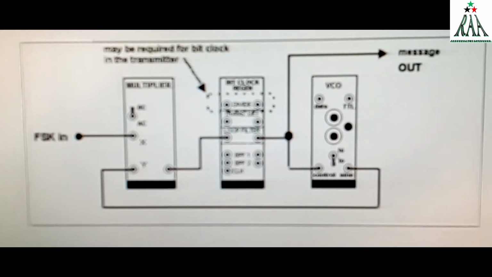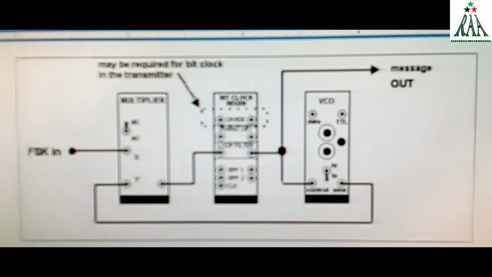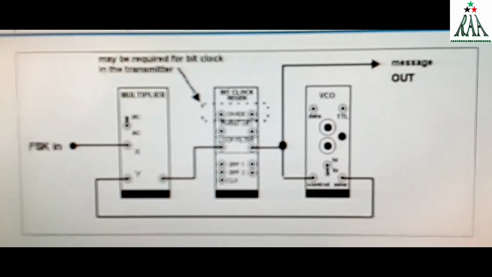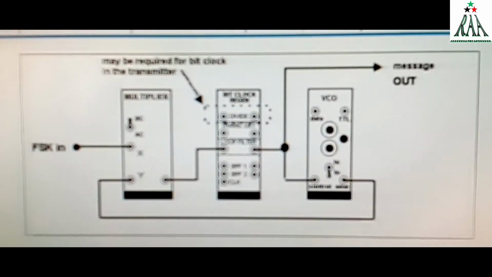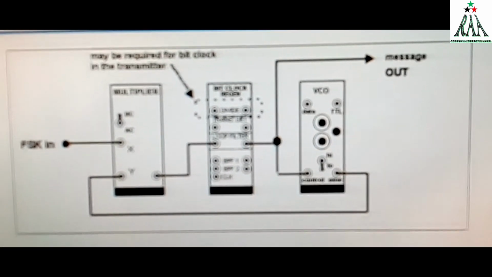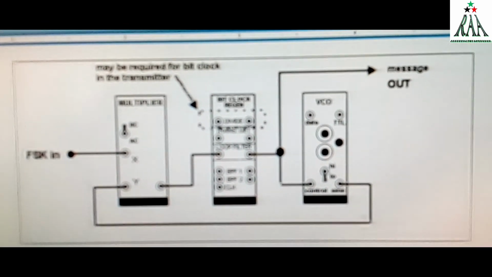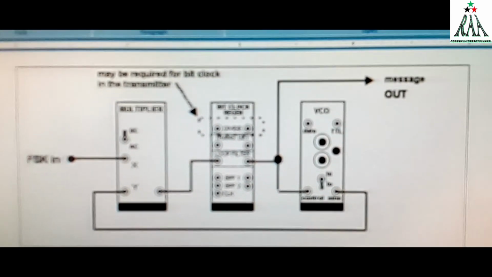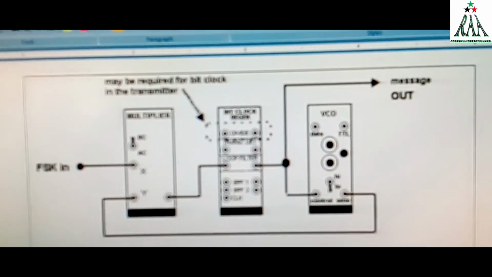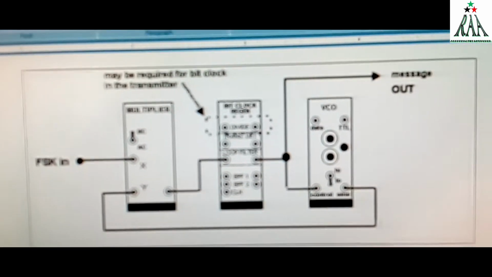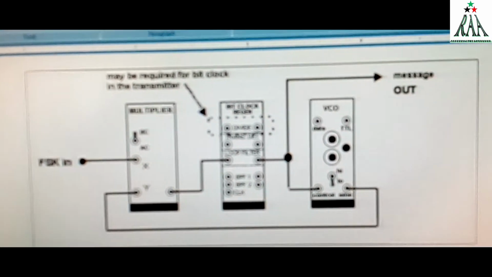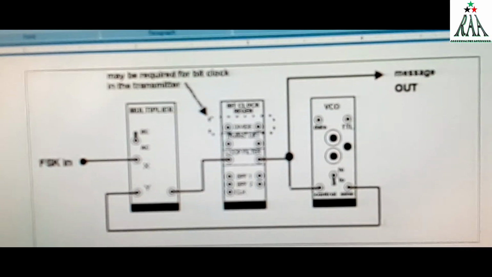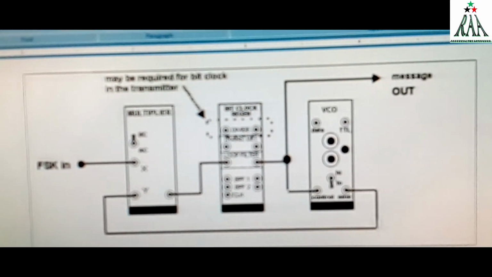The earlier schematic diagram was used to produce FSK. This schematic diagram shows how to demodulate FSK. For this purpose, we will use three TIMS modules. First is the multiplier, second is the bit clock regenerator, third is the VCO.